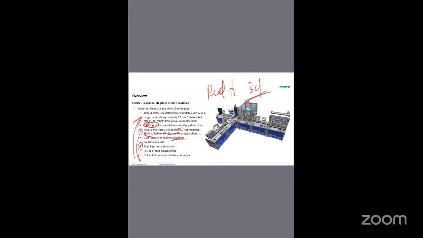We can check that also. Then fault injection. Fault injection or simulation means machine failure, sensor failure, motor failure, emergency stop, everything we can check in the simulation. Then next is PLC and robot programming. We can test the PLC, and also we can test the robot program.